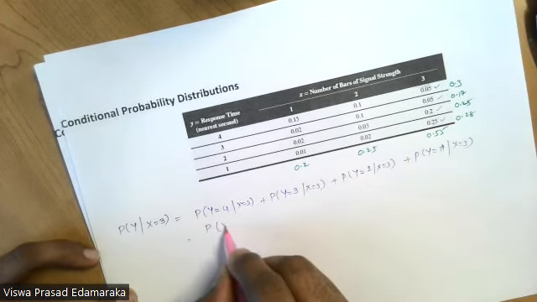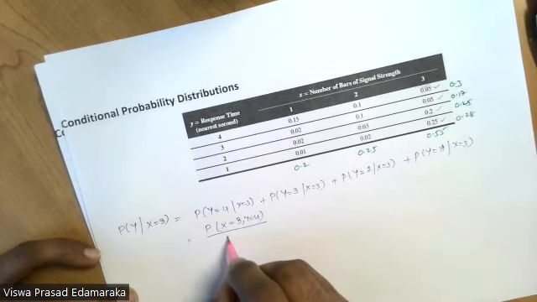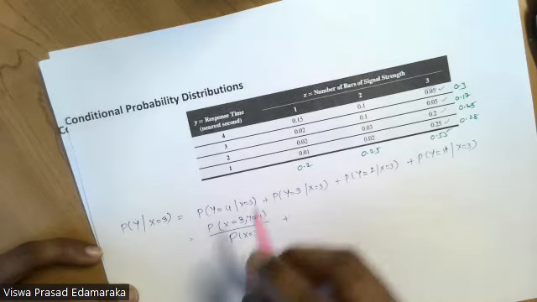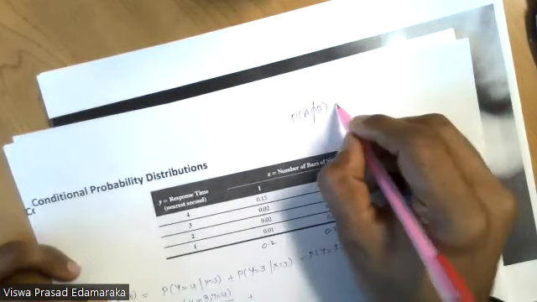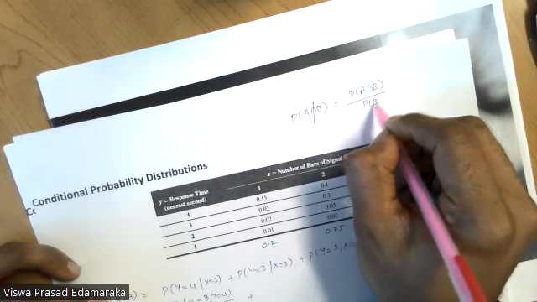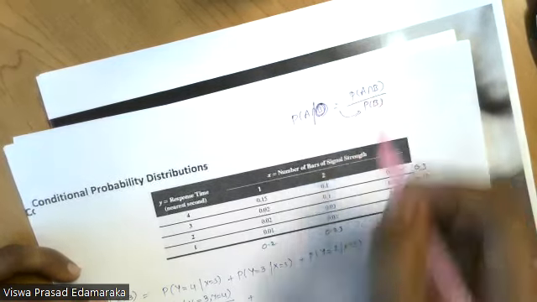So this is P of x equals 3, I know that, and y equals 4 given x equals 3. Simple, as we know that P of A given B equals P of A intersection B divided by P of B, like the denominator comes to the denominator and the function is 'and'.